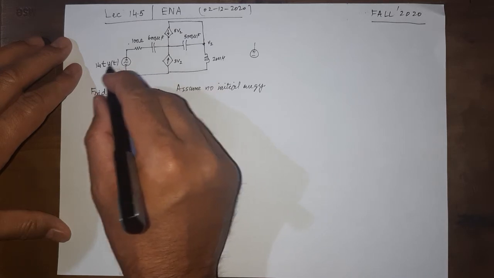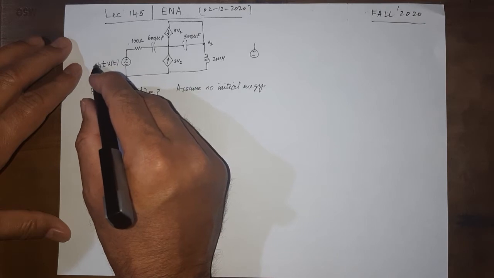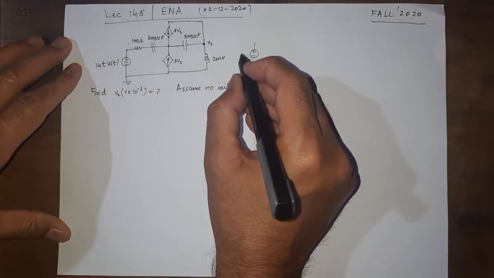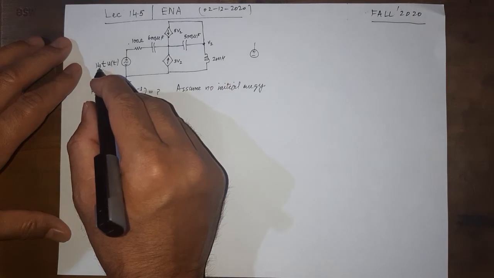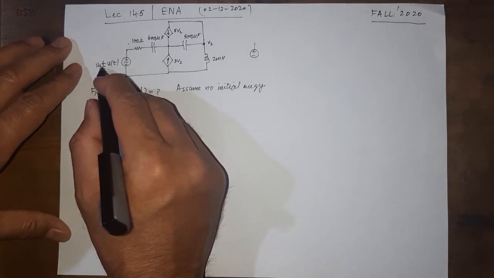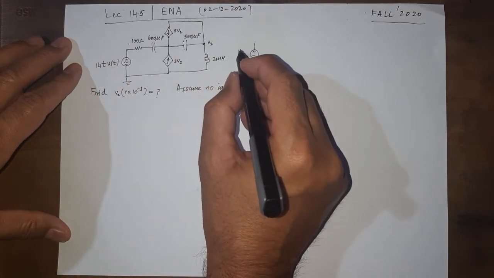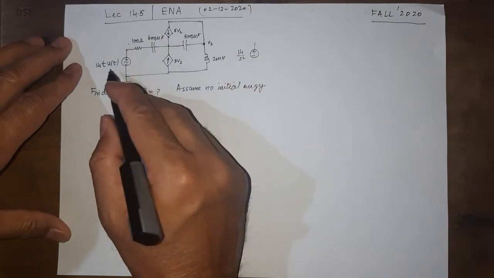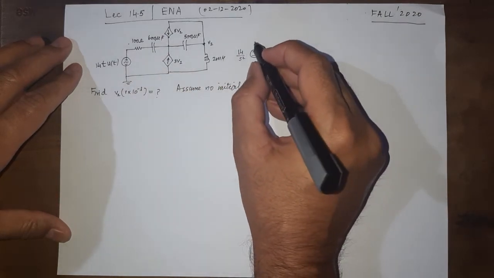It is just a variable source, so it is 14t applied at t equal to 0. So what will be the Laplace transform of 14t? That would be 14 over s square. 14t u(t) is 14 over s square.